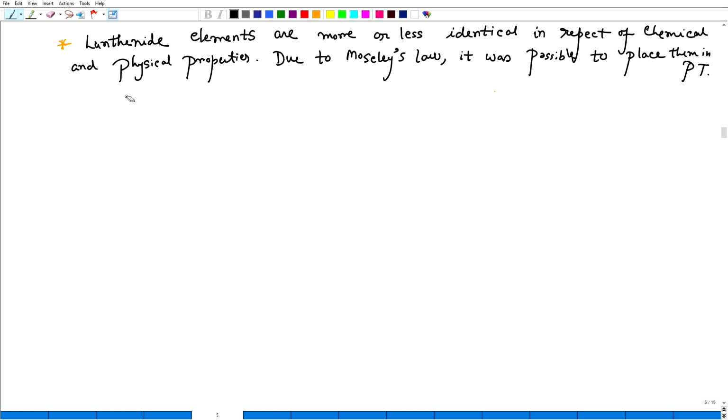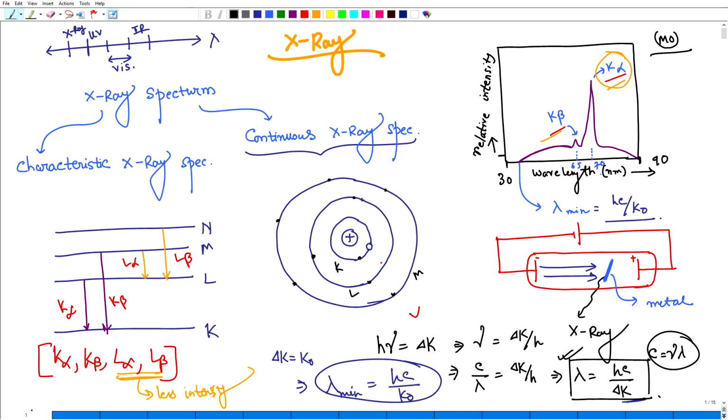Okay. So, in this part, this is the total X-ray part we covered. We discussed first the X-ray spectrum. In the last class, we first discussed the experimental origin of the X-ray, how Röntgen discovered the X-ray. This was the experimental setup, and after that we discussed the frequency and wavelength of the X-ray, and then we also discussed the soft X-ray and the hard X-ray, that is also important.